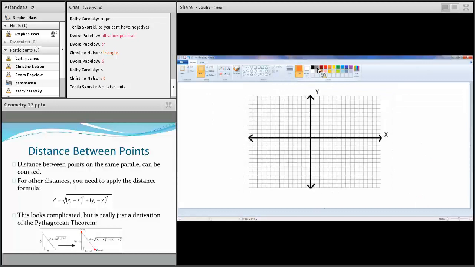Let's say we've got one point over here, and I'm going to leave it in the first quadrant to make things a little simpler. And one point over here. Now, one second, let's try something else.